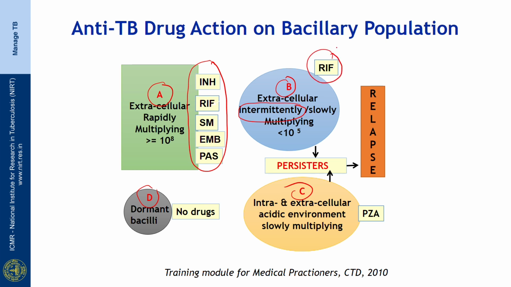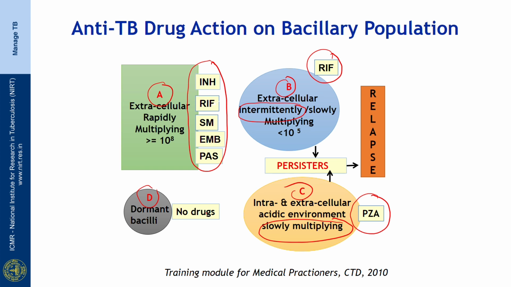If you take the third group, once again a slowly multiplying bacteria, these are found in acid environment, and the only drug that can act upon this group is pyrazinamide. Yet another group is dormant bacilli. As of now, we have no clue about which drugs act upon this. Usually they remain dormant for 20 to 30 years, and they may come with relapses after 30-40 years.